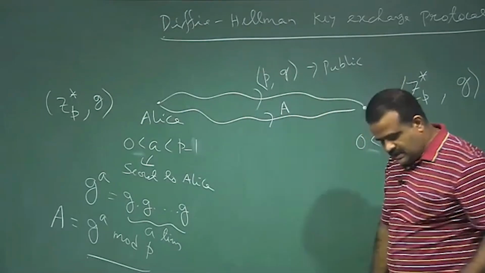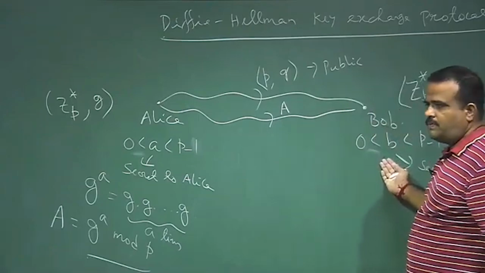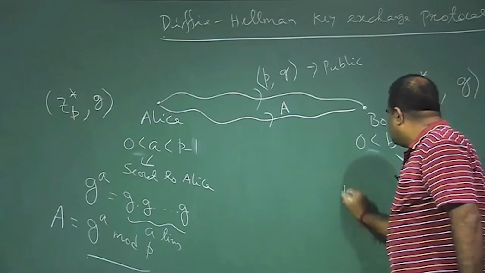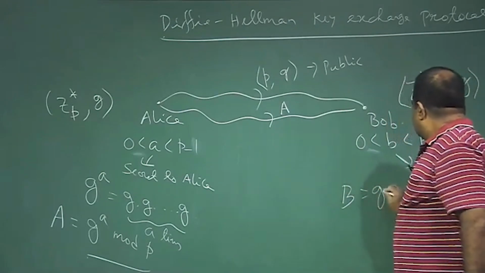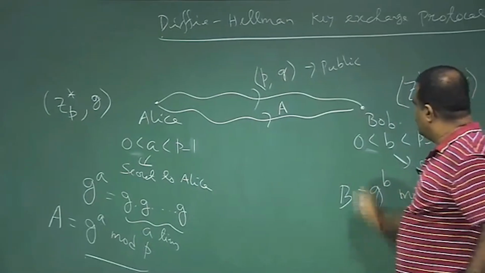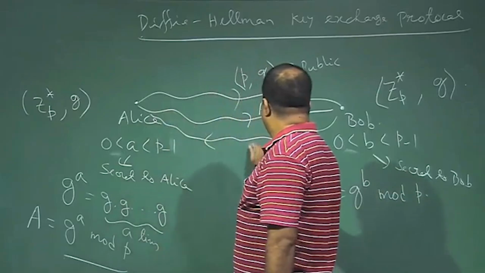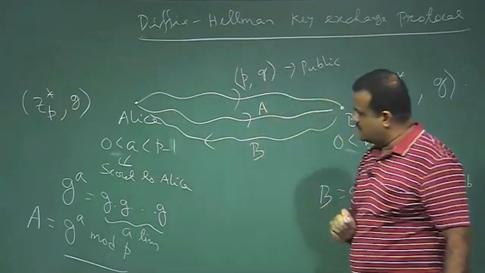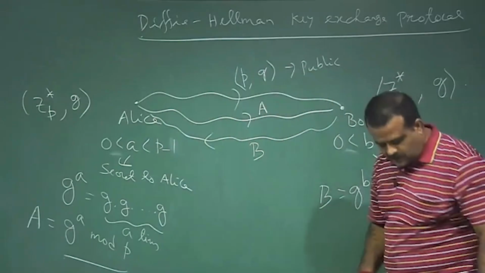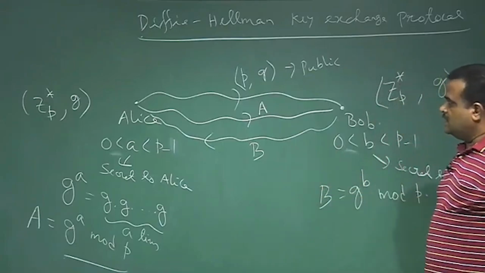Okay. So similarly, Bob has his secret b, chosen by Bob, and Bob computes G to the power b mod P, and Bob will send this B to Alice. So Alice is computing G to the power a, Bob is computing G to the power b.